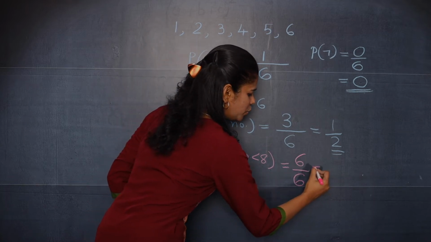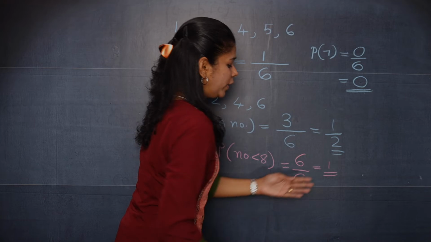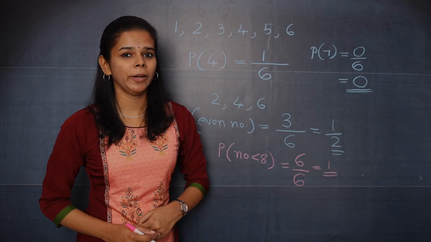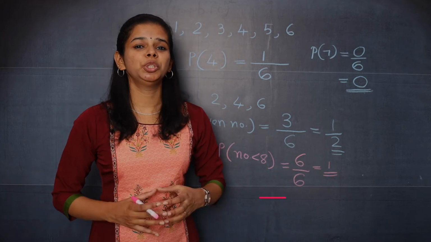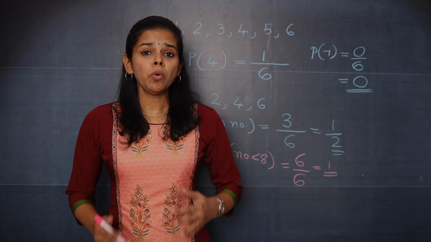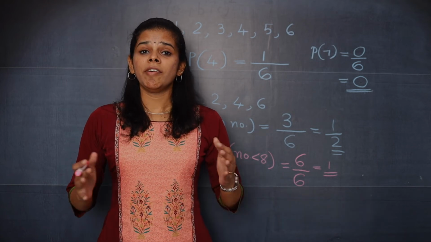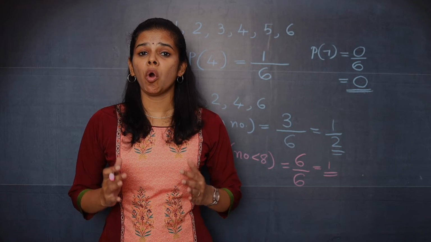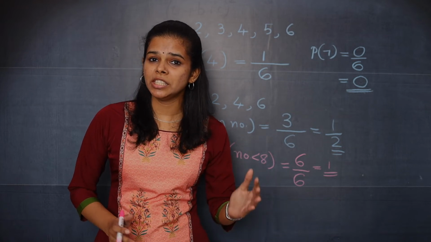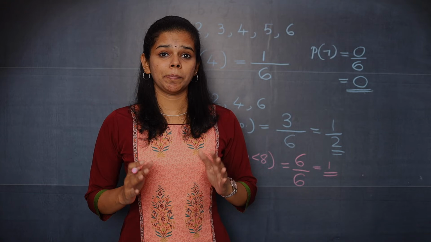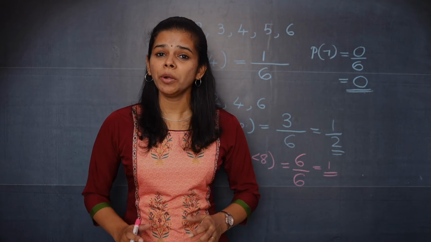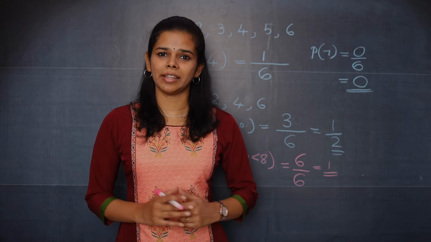So 6 by 6 will give you 1. When the value of the probability is 1, that event is called a sure event. Now the most important part is that the value of the probability will always lie between 0 and 1. That means the value of the probability cannot be negative or greater than 1.